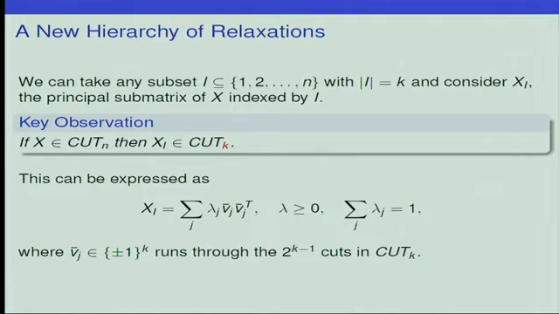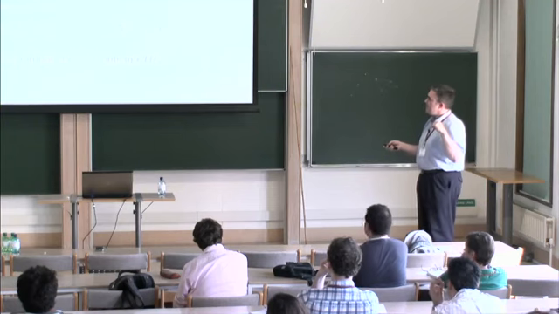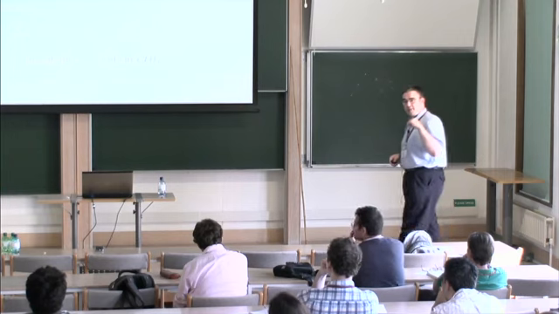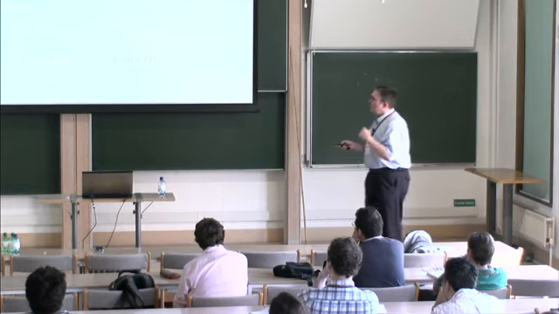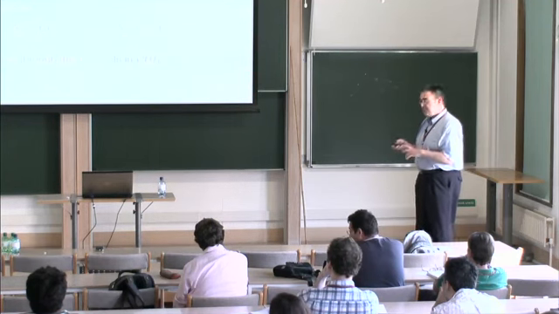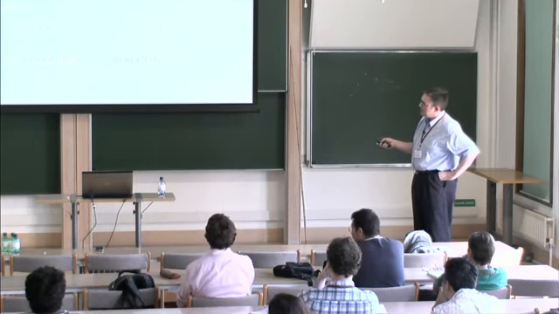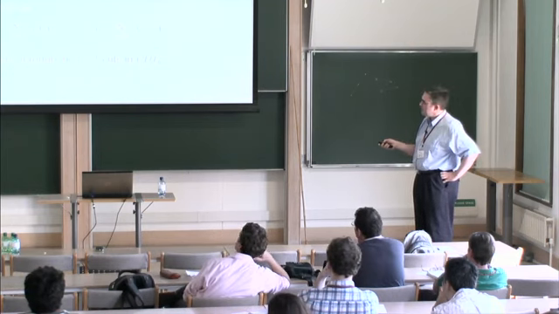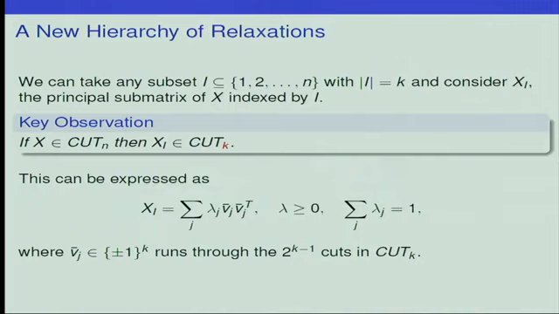So we take a small piece of the matrix, and the key observation is that if the whole matrix is in the cut polytope for n nodes, then this small principal submatrix is in the cut polytope for the appropriate size. What this means is that if I have a matrix that's in my ideal relaxation, I can take a small piece of it, a small principal submatrix, and express it as a linear combination of the 2 to the k minus 1 cuts in this smaller cut polytope.